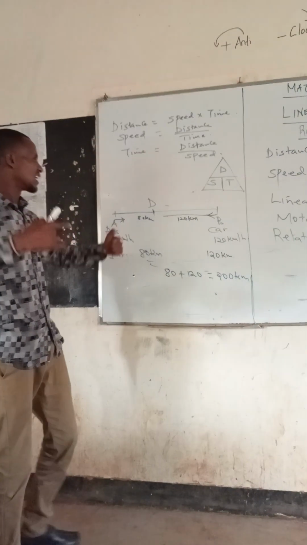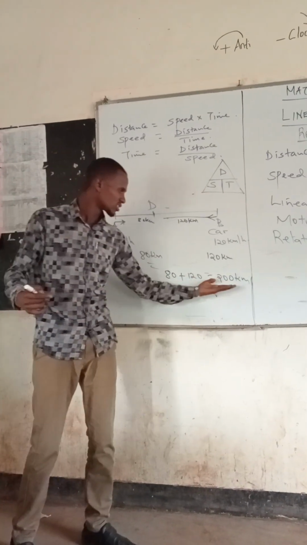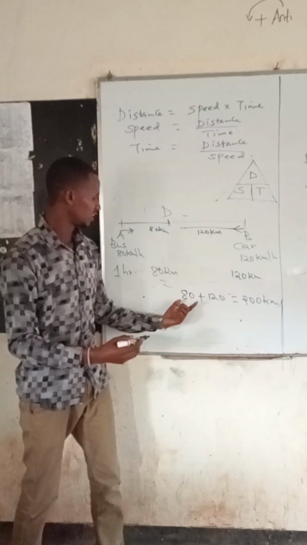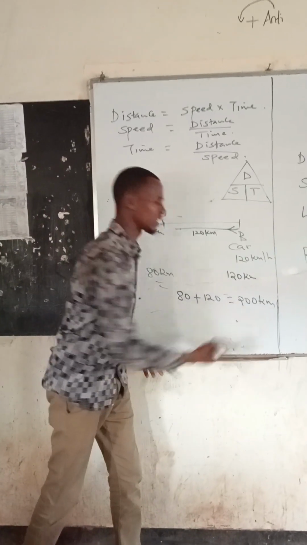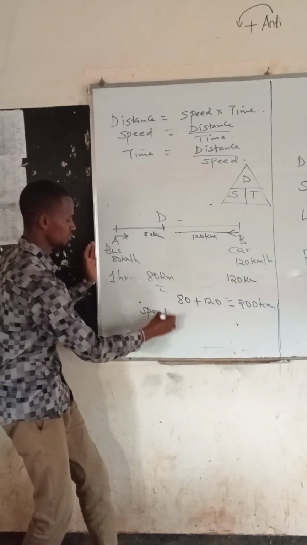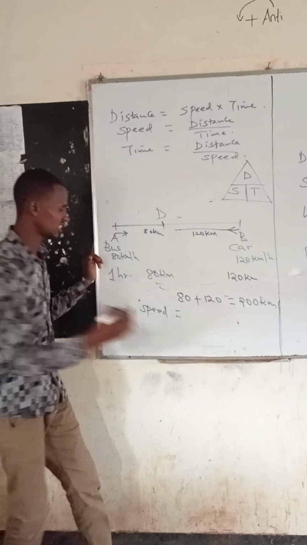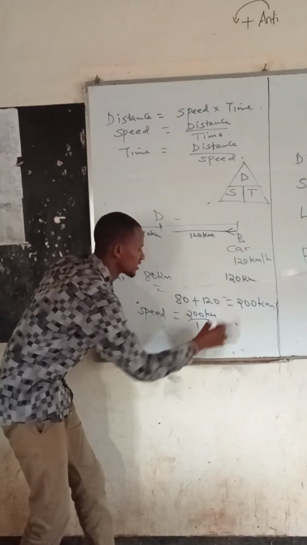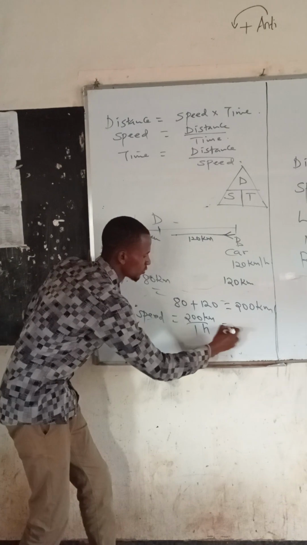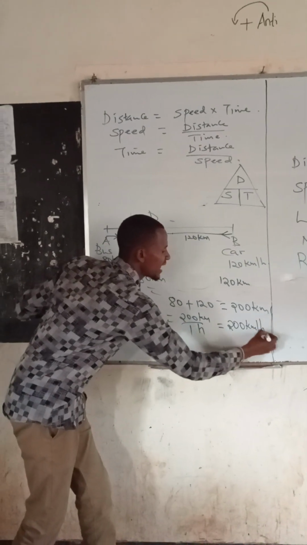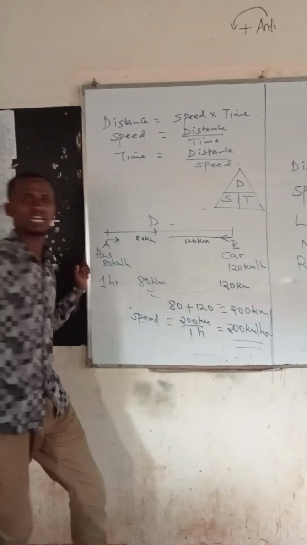So the resultant distance covered will be 200 in 1 hour. That means the speed will be distance over time, so it is 200 kilometers all over 1 hour, and that will give us 200 kilometers per hour.